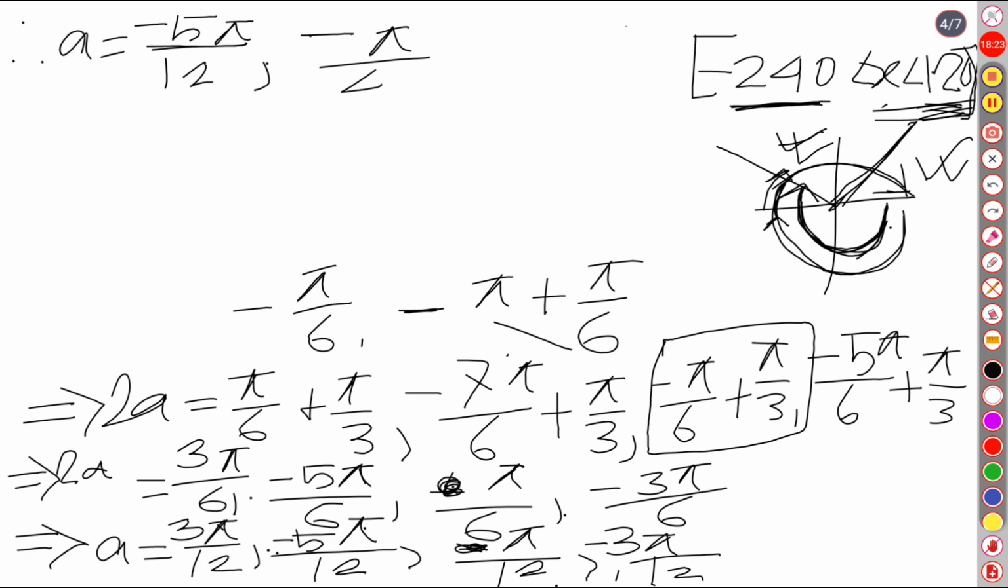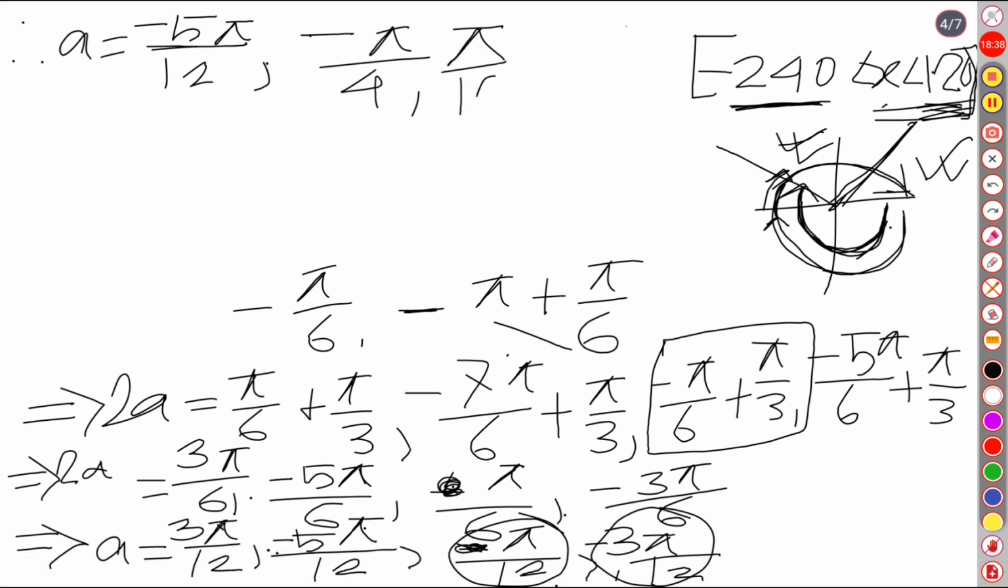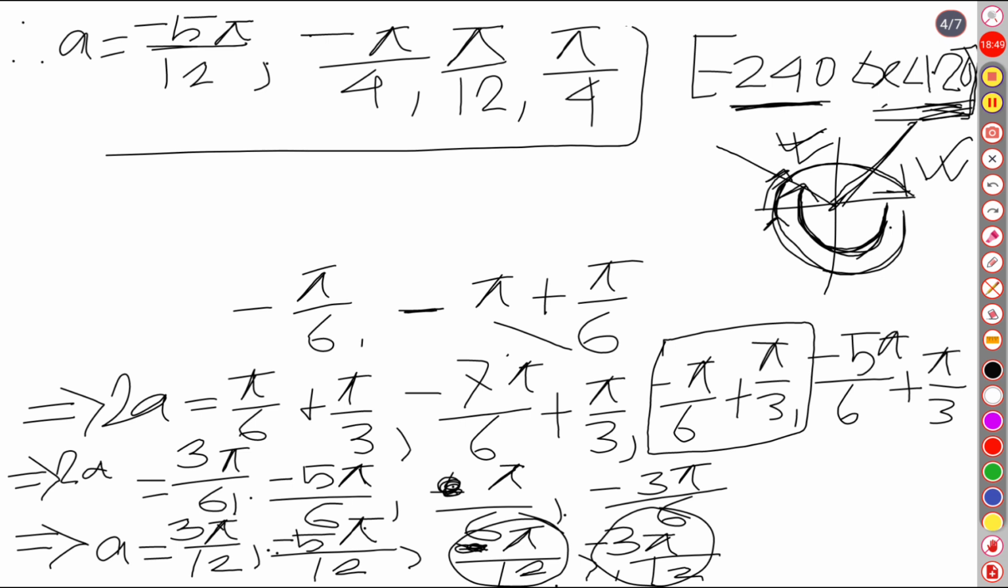Means if we divide this one, 3 fours are 12, and then there comes pi over 12, and the last of all we are going to get 3 pi over 12, means pi over 4. That's all the roots we have got for alpha.